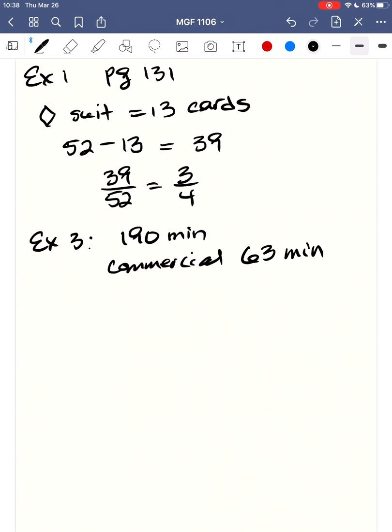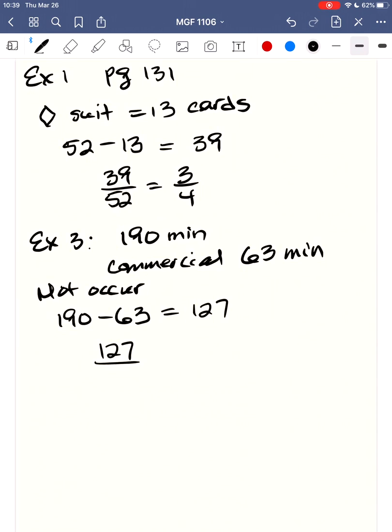I want to find the probability that it is not devoted, so not occurring. It's not a commercial. So I take 190, subtract 63, and get 127. And the probability that it is not a commercial during an NFL broadcast is 127 over 190. I believe this does not simplify. I tried it and it does not simplify.